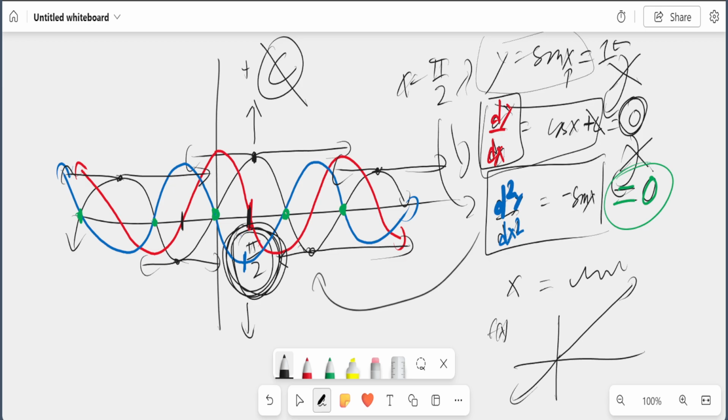And the reason we don't go past d squared y dx squared is honestly just practical. A triple derivative is the change in the change of the change of our function, and double derivatives are already pretty hard to wrap your mind around.